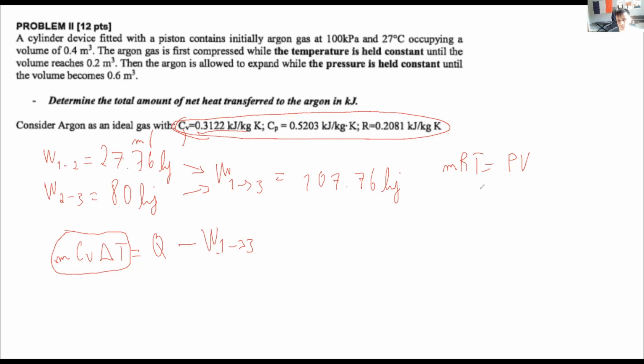But since the mass doesn't change, or at least the exercise doesn't tell us that it does, we can just use the first state, and it would be the same for all the other states. So mass is equal to pressure times volume divided by gas constant times temperature. That gives us 100 times 0.4 divided by 0.2081 times temperature, which is 300 Kelvin. That gives you a mass of 0.6407 kilograms.